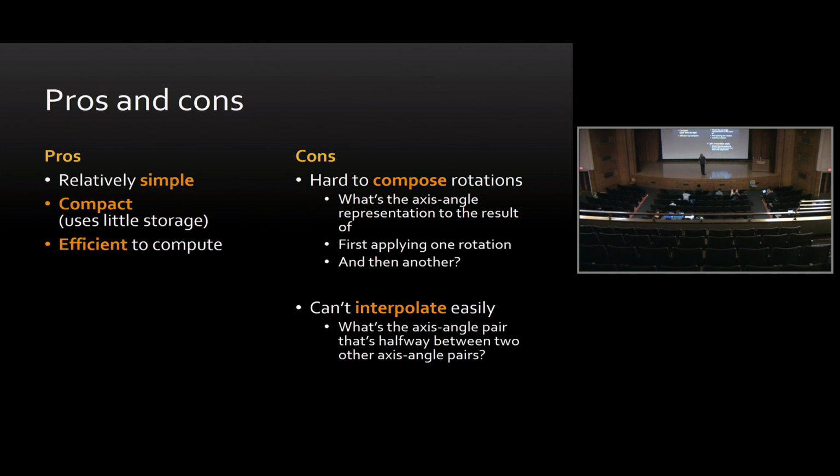We can't just take the average of the axes and the average of the angles and get a rotation that's halfway between the original axis angle and the ending axis angle. In fact, we may get a rotation that's entirely unrelated to either of the rotations. So axis and angle representations give us no good way of doing animation.